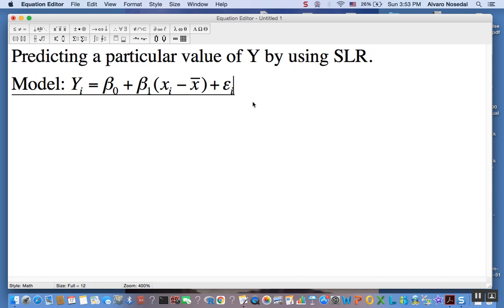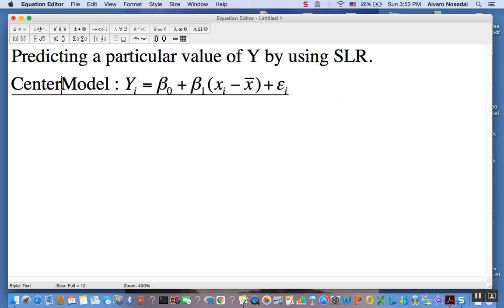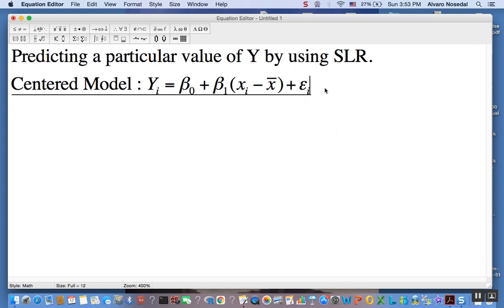So as I said, what we're doing here is considering the centered model. In your textbook, they refer to the classical regression model.